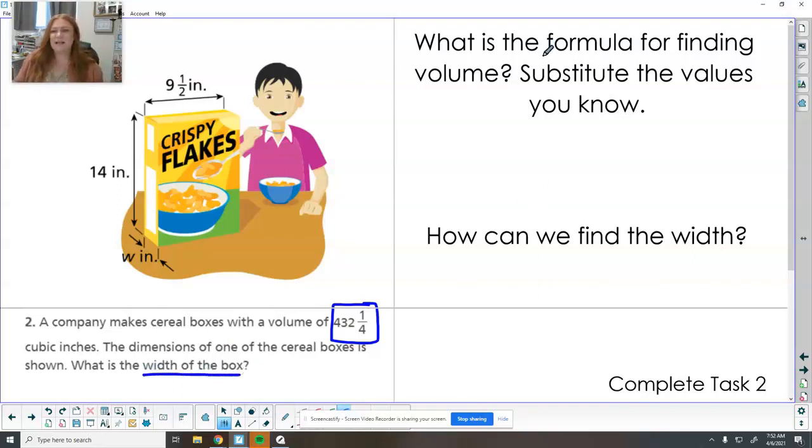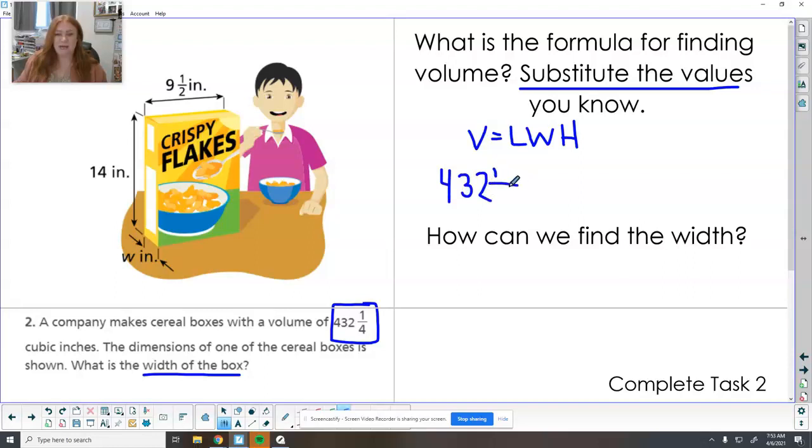So first, let's write down what we know for the formula. So we know volume is length times width times height. Now let's plug in and substitute the values that we do know. So our volume we know is 432 and a fourth.